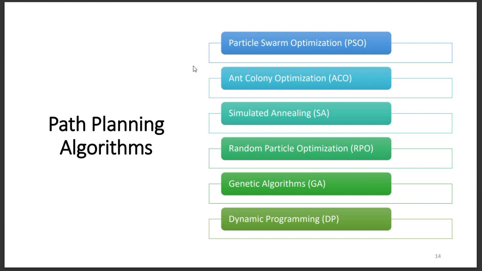Basically, that algorithm works on that pattern. We will see the detail of genetic algorithm in our next videos, and random particle optimization, then particle swarm optimization. We will see these three algorithms in detail in our next videos.